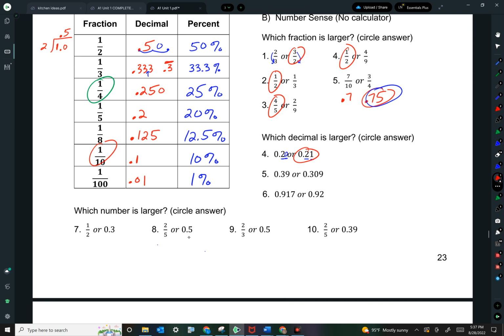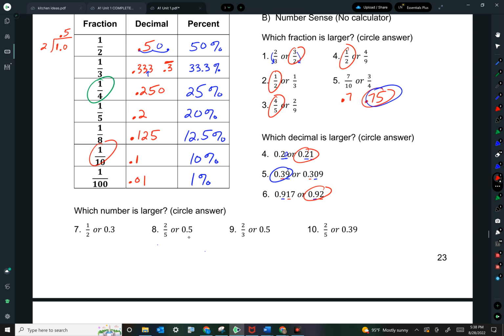So on number 5, the first numbers are both 3, but now I'm comparing a 9 to a 0, so definitely 0.39 is larger. Okay, on number 6, the first numbers are both 9, but now I'm comparing a 2 to a 1, so the second one's definitely larger.